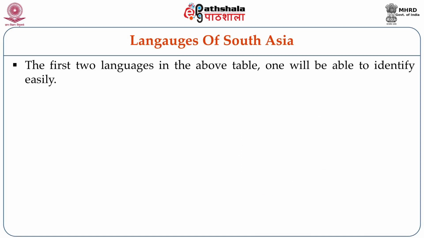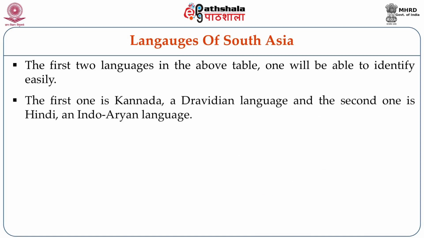The first two languages in the above table one will be able to identify easily. The first one is Kannada, a Dravidian language, and the second one is Hindi, an Indo-Aryan language.